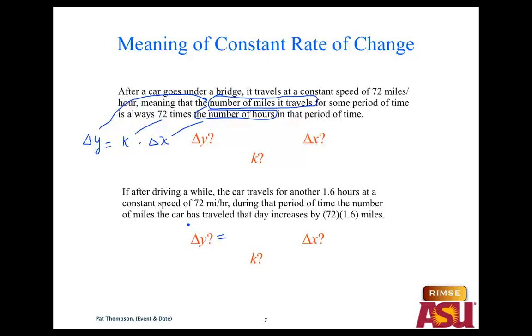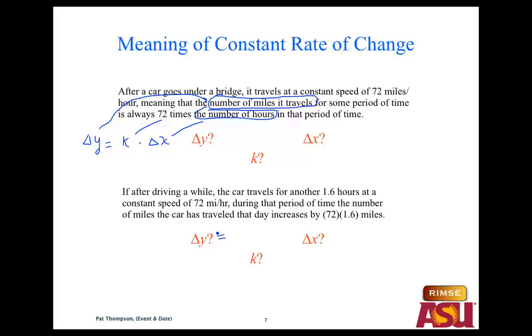I don't know what the distance would be, because it's in relation to the previous amount of time traveled, and it's a change from that to an additional 1.6 hours.